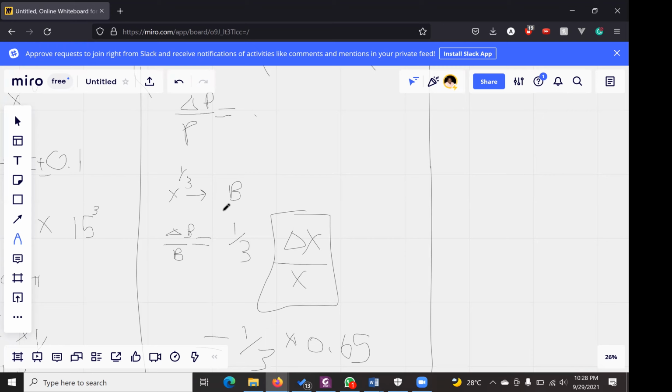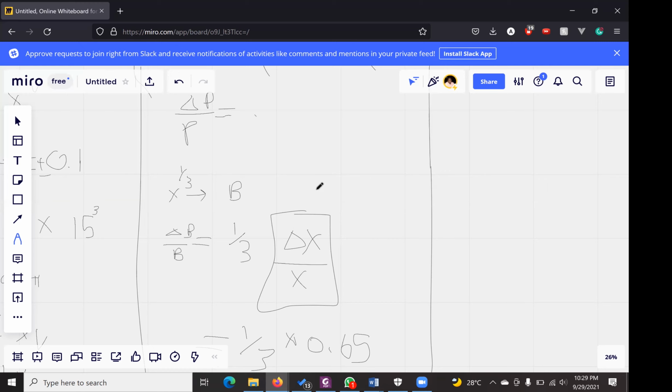Let me answer two things and hopefully one of them answers your question. Where I have x to the 1/3 arrow b, I just call that b to map it to y equals a to the n. How do we get the error to be n times delta a over a?